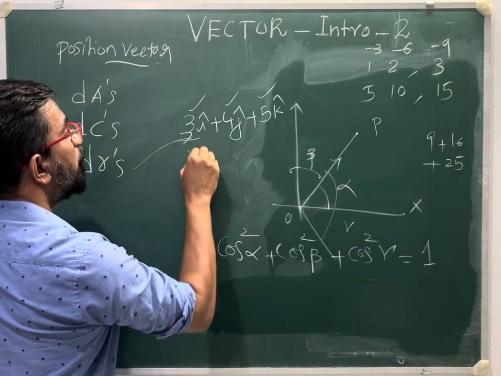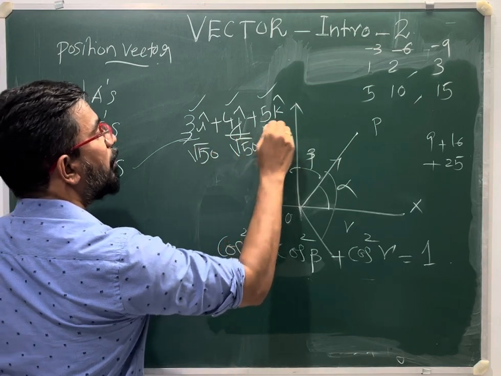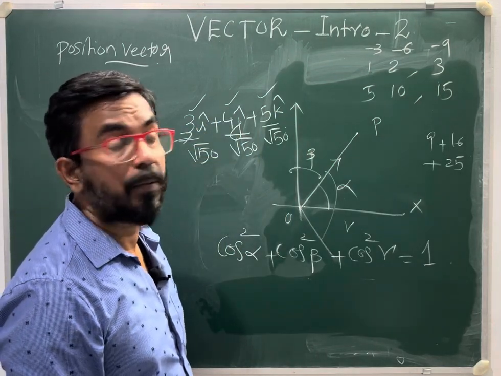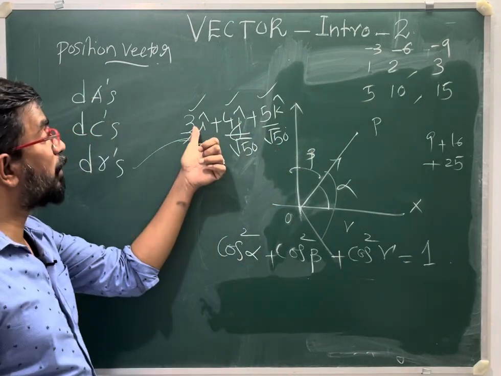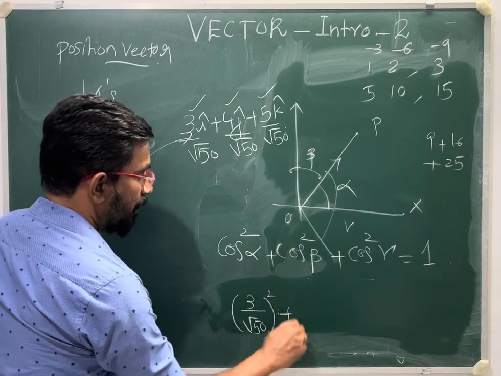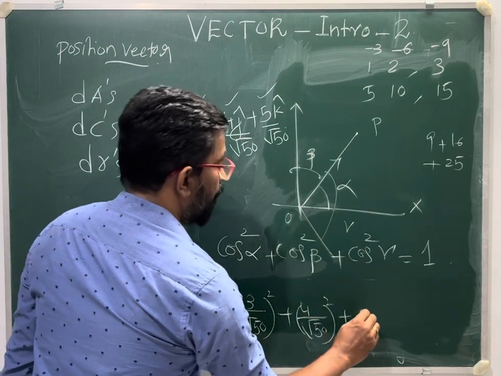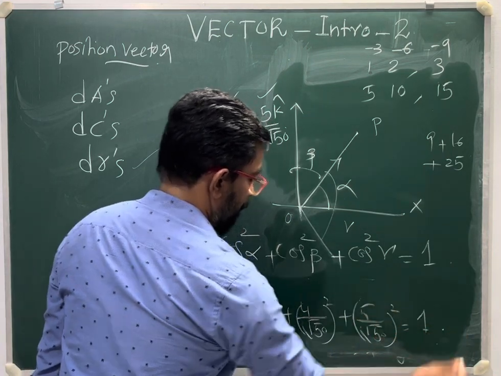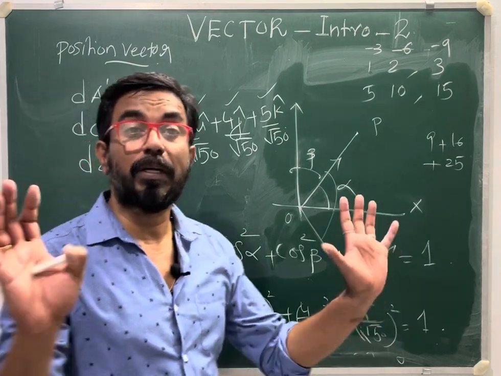So you divide by root 50. Then what you get will be DCs, because 3 by root 50 the whole square plus 4 by root 50 the whole square plus 5 by root 50 the whole square will become 1.